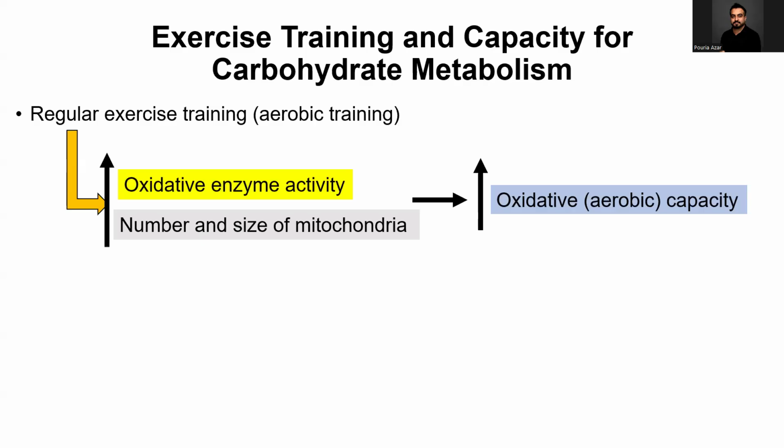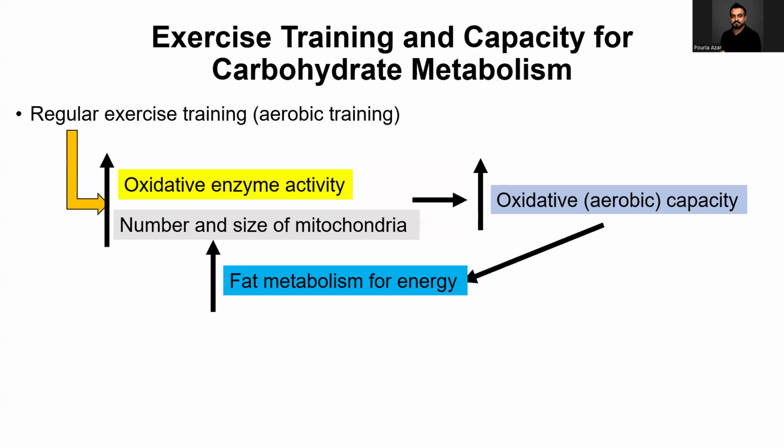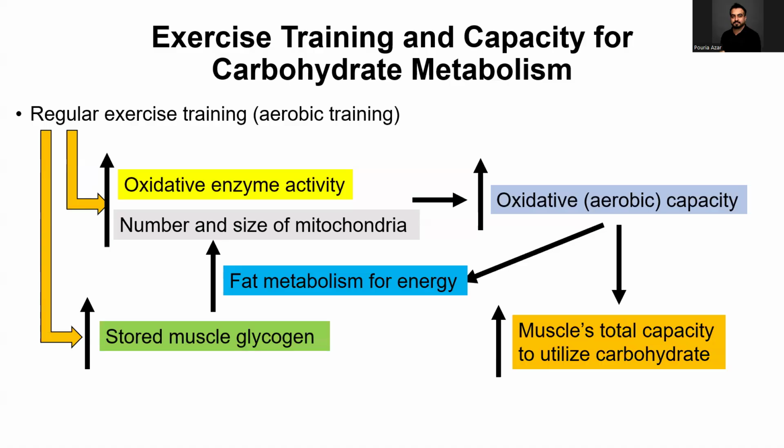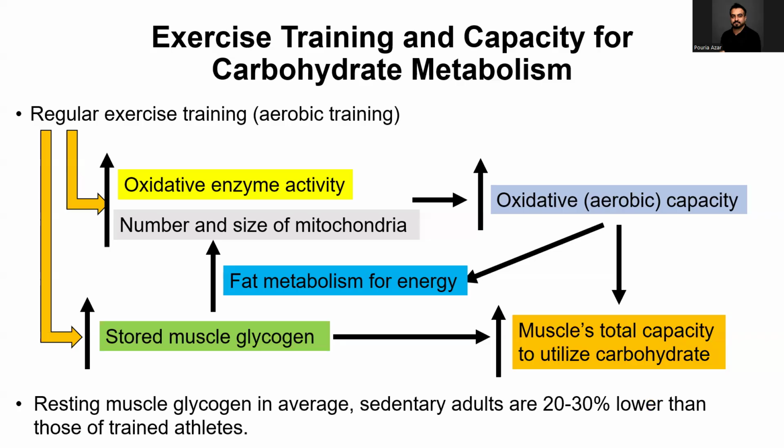This can lead to an increase in oxidative capacity, which can lead to an increase in fat metabolism for energy or the muscle's total capacity to utilize carbohydrates. And when we train regularly, we also increase the stored muscle glycogen levels or concentration. And from a higher stored muscle glycogen, we can increase the muscle's total capacity to utilize carbohydrates.